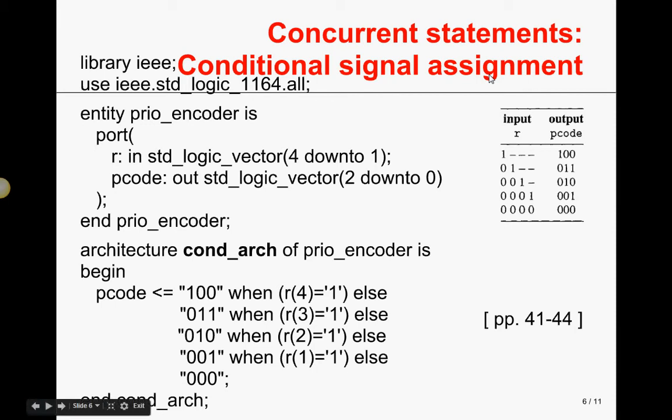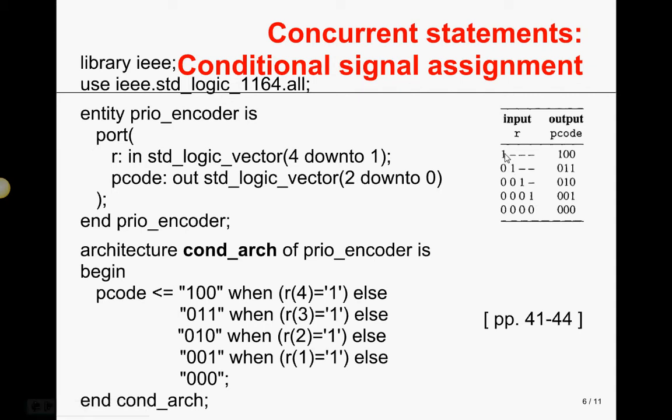And for this type of concurrent statement, as well as for the others, we will consider as a specific example the priority encoder that is shown in this truth table. A priority encoder is a circuit that considers a given number of inputs, in this case 4 inputs.